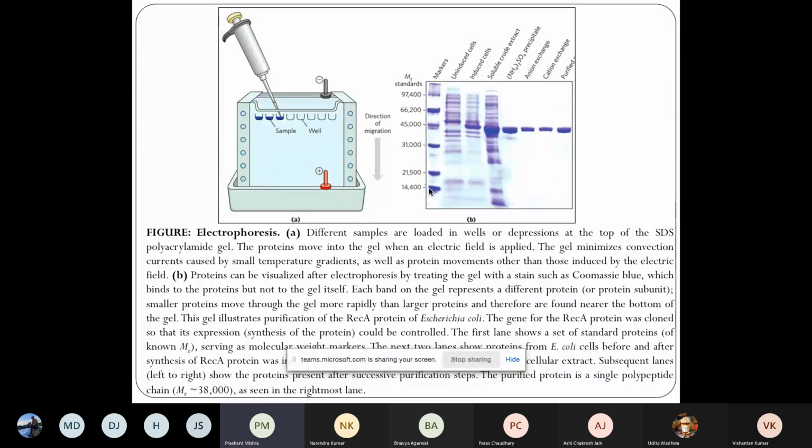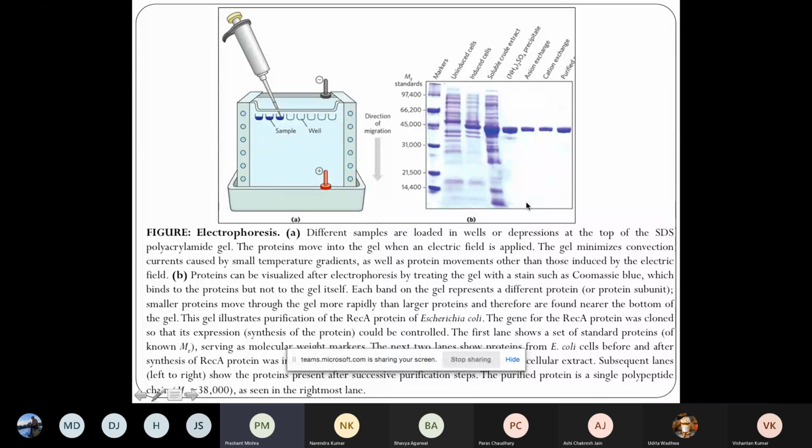Of course, experimentally, it is also possible that if I run the gel, it can run out of this whole area. So what is done is that a very small molecular dye is put. So at the end, what you find is that, for example, the terminal one, which is below 14,400, this is known as a tracking dye. So you can track the movement of this, though you will not be able to see these bands when they are getting separated, but you can see the tracking dye.